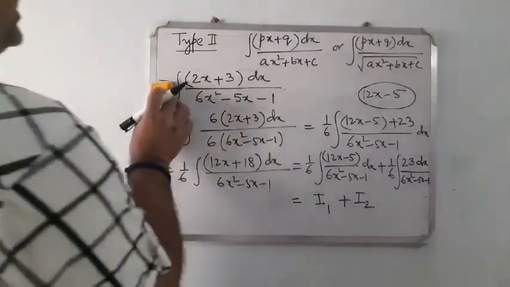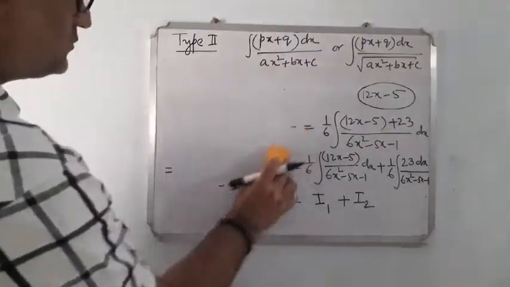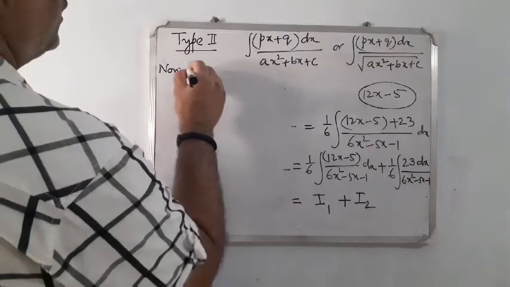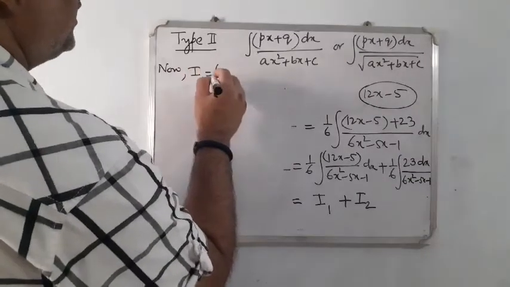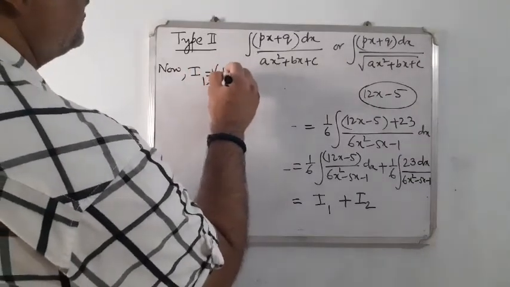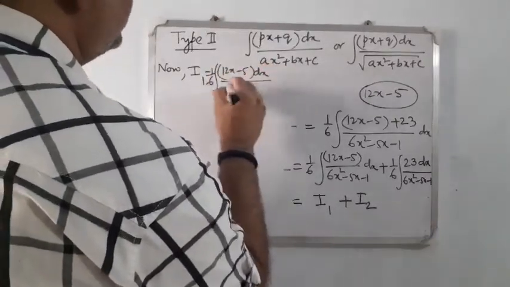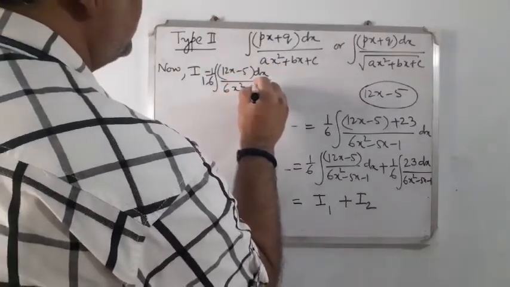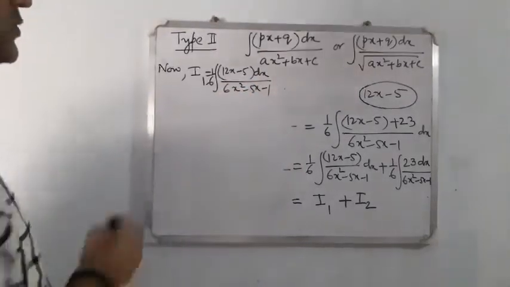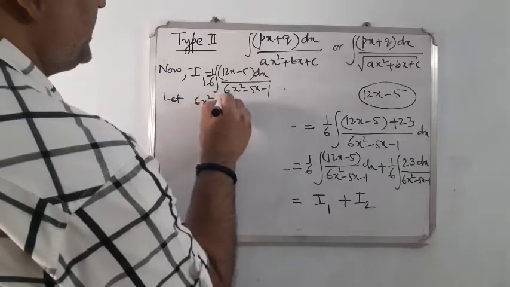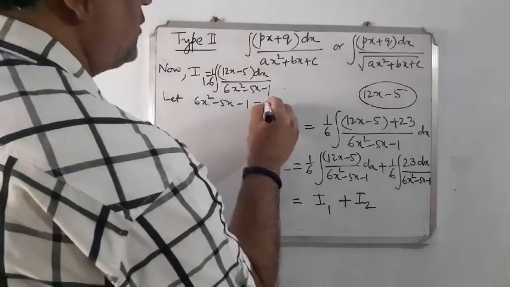Now how to integrate? I1 is equal to 1 by 6 integral (12x − 5) dx by (6x² − 5x − 1). So let 6x² − 5x − 1 be equal to z.